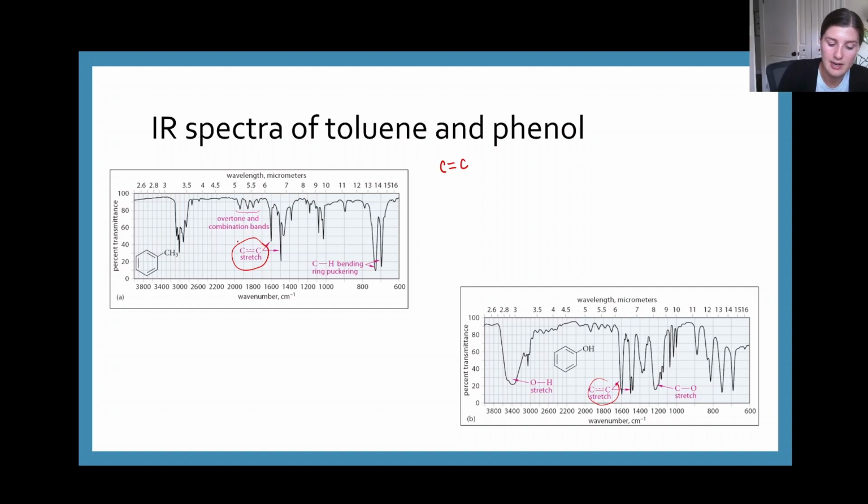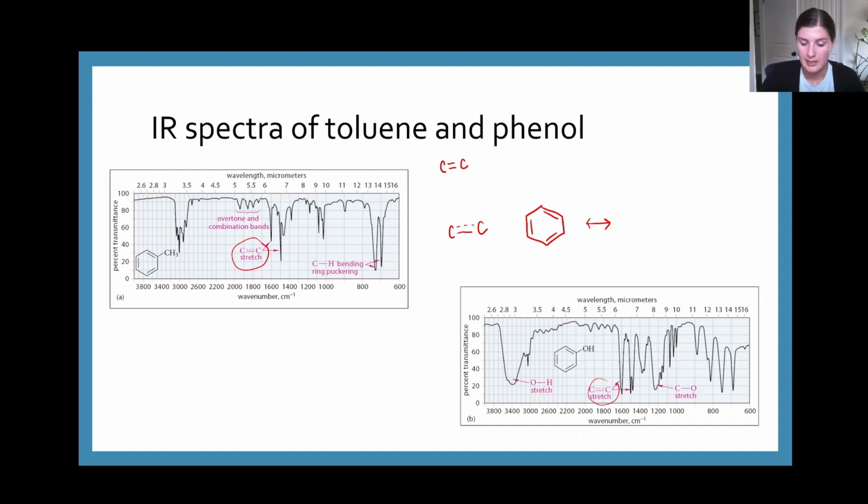You might notice that on the spectra, they've drawn the carbon-to-carbon bond as one single bond and then a dash bond. And that's because the carbon-to-carbon bonds in benzene rings are in between a double bond and a single bond.